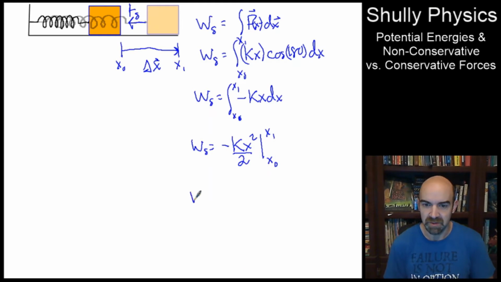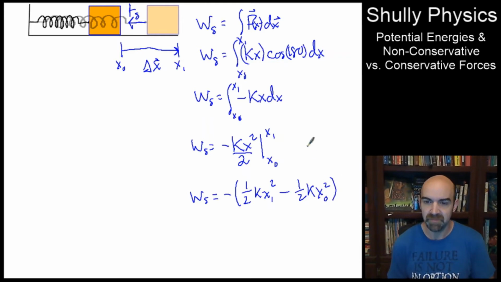Again, I'm just going to keep this negative out front. Another way we can write this is 1/2 kx squared. So I'm going to put a 1/2 k, and we plug in x1, we'll have an x1 squared minus 1/2 k x initial squared. There it is.